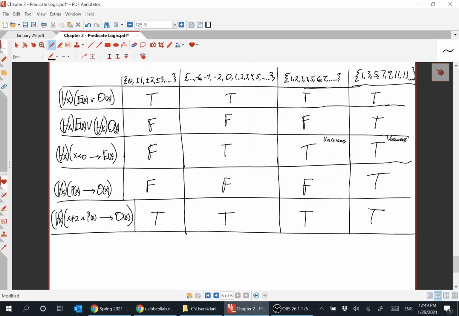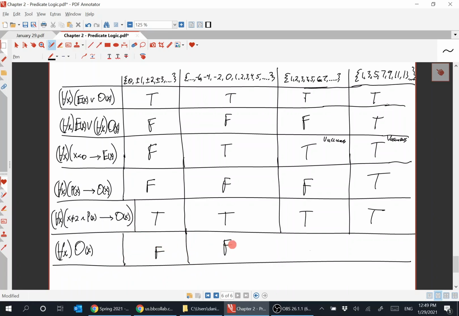There's a whole world of math students at Wright State, and to say that you in this class are students of math is kind of not telling the whole story. So for this domain, what's actually true is that everything is odd. So this statement: false, false, false, true.